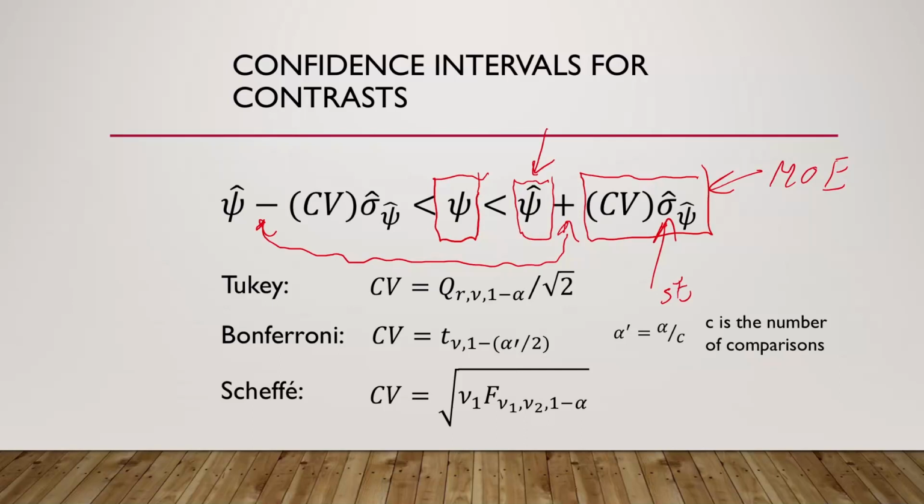And then we multiply the standard error of the statistic by a critical value that we get off of a probability distribution. That is a model of what our distribution would look like for that statistic.